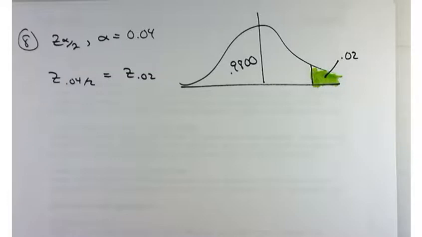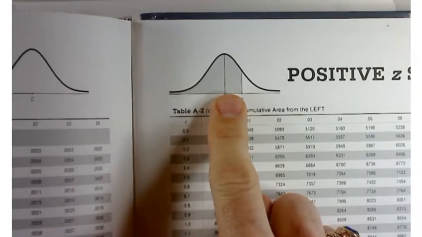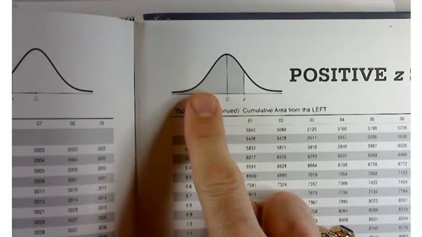One of them is kind of the old school method by looking it up in the z table. So let's just do that one more time for practice, and then we're going to start using technology pretty much from here on out. So I want the area in the left tail to be 98%.